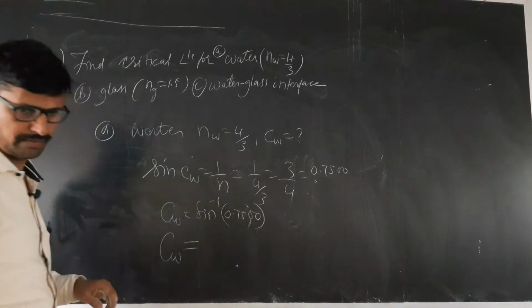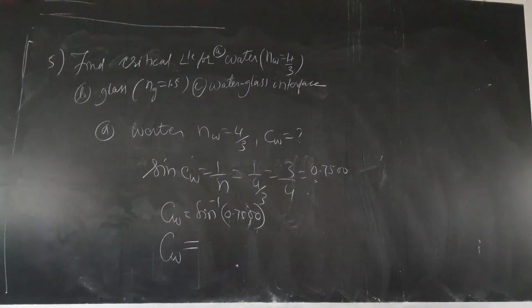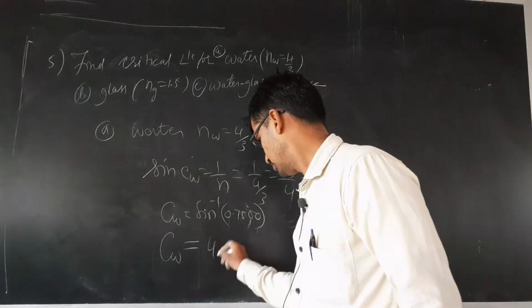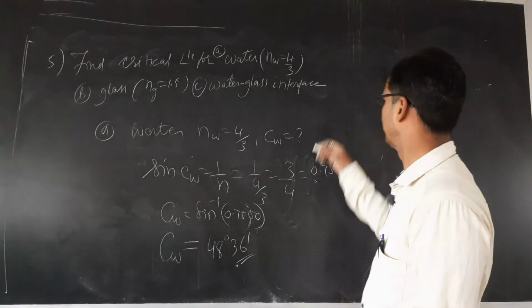C_w will be equal to sine inverse of 0.7500. 0.7501, yes, it is there. 48 degrees 36 minutes. This is the critical angle for water.